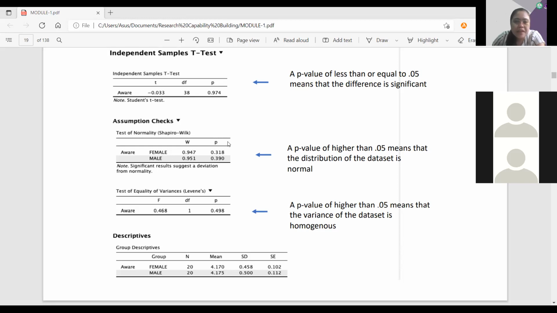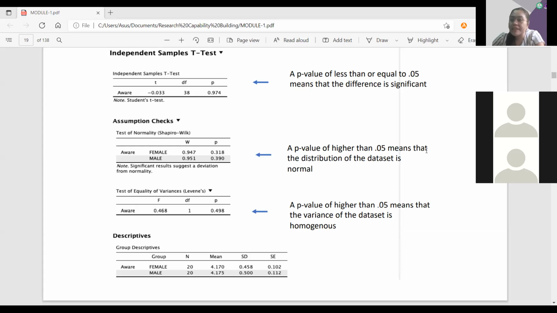Sige. Now for the assumption checks, this one is the test for normality, the Shapiro-Wilk. We will just look if the collected data is normally distributed or not. So how do we interpret the p-value? A p-value of higher than 0.05 means that the distribution of the data set is normal.